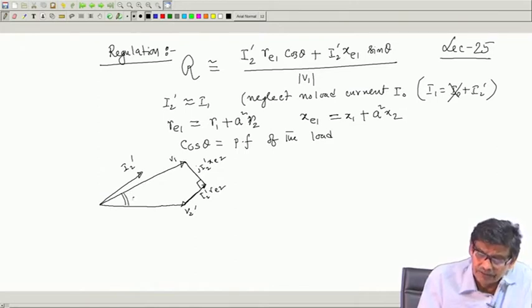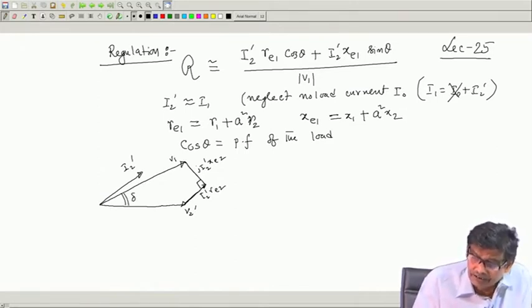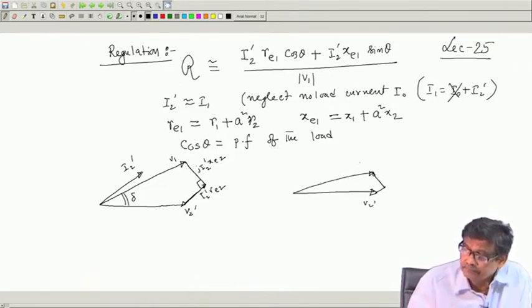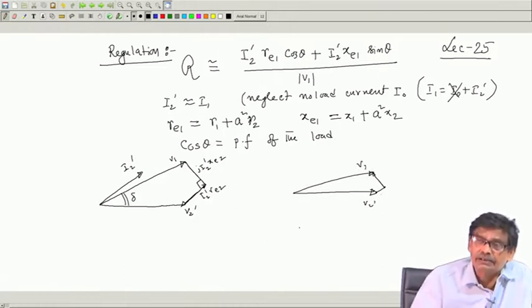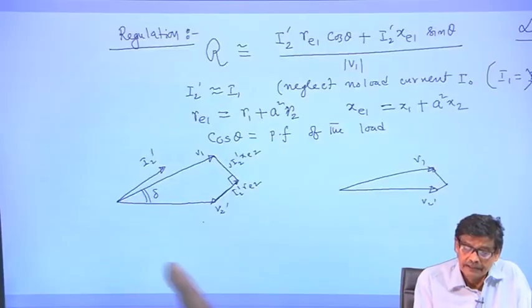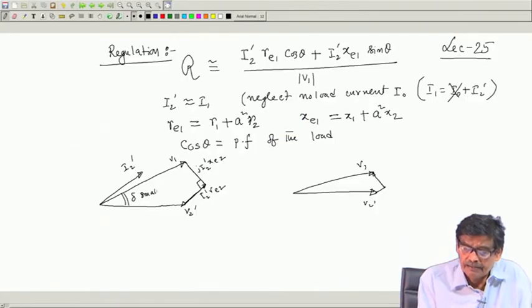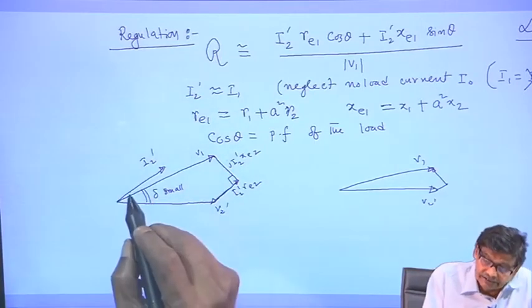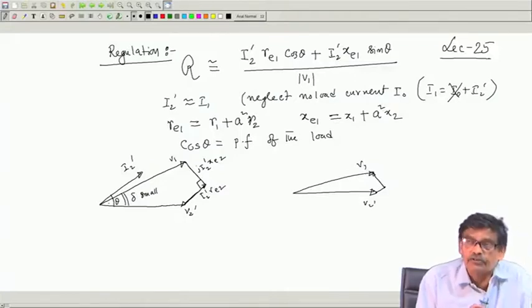This angle is small, and I draw it on a larger scale so that I can show every component, and delta is small. Same argument, and once again you can approximate it and derive this expression. Theta is this angle, the load power factor angle of V2 dashed.